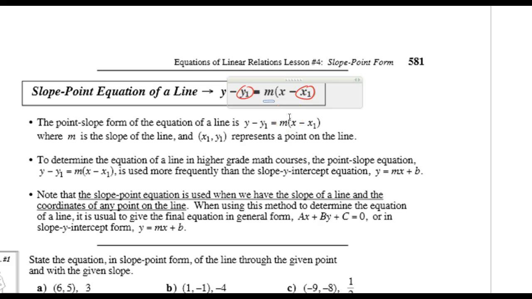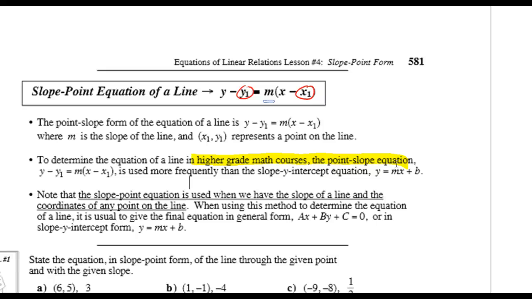The obvious benefit of this method is that as long as you're given a coordinate and the slope, you can come up with the equation of the line. The y-intercept method was limited to only the y-intercept and the slope, but with this method you can have any point. A special note: in higher grade math courses, this is the method you're going to see more often.